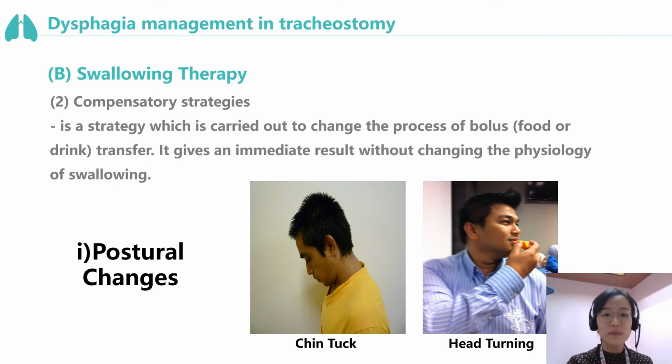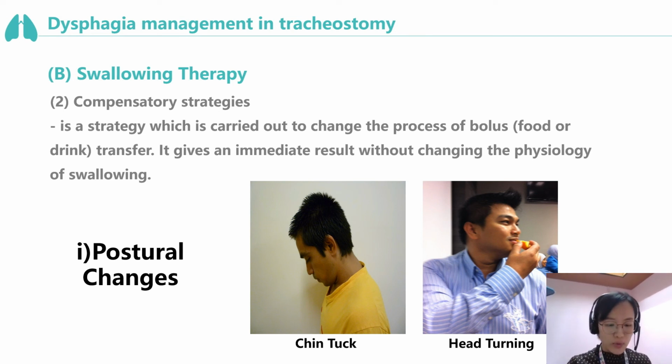So compensatory strategies are strategies which are carried out to change the process of bolus, food or drink transfer. It gives an immediate result, without changing the physiology of swallowing. So this is the difference compared to the rehab exercise. So you have the postural changes, chin tuck.